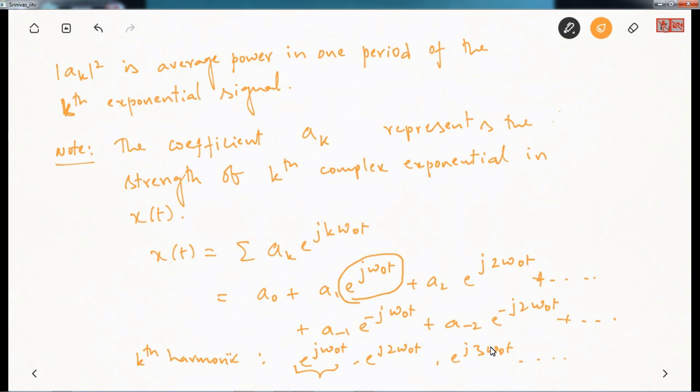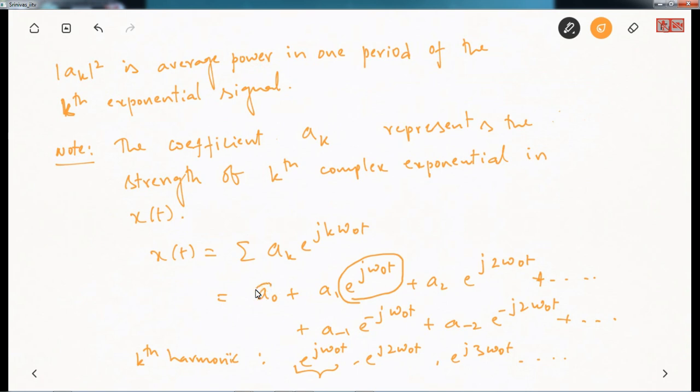So if a question says find the strength of the third and fifth harmonics in the Fourier series expansion of x of t, then you should simply find a3 and a5, right? We are saying a1 is the strength of this frequency, a2 is the strength of the 2 omega naught complex exponential, and so on.